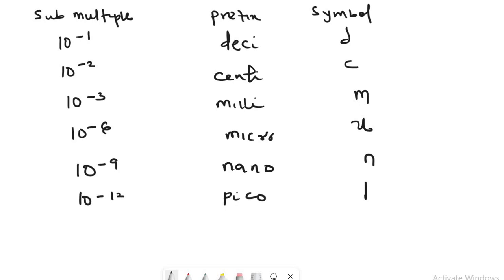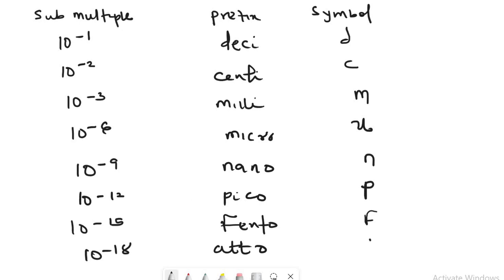The symbol is p. 10 raised to the power minus 15. That's femto. The symbol is small letter f. They're all small letters. 10 raised to the power minus 18. This is atto. Small letter a.